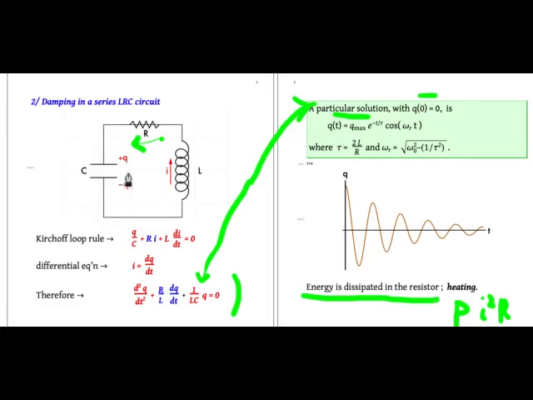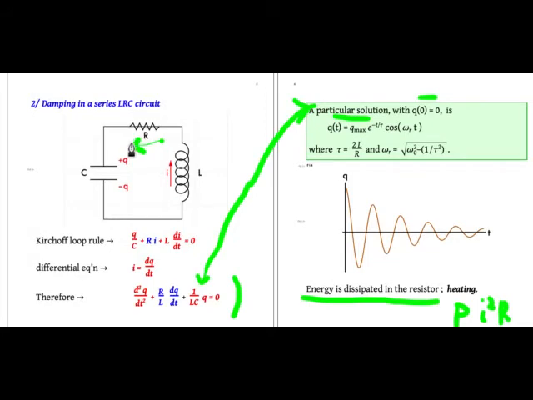So the energy of the fields is being transferred into random molecular motions within the metal. That's transfer of energy by heating. So the field energies are decreasing. The charge on the capacitor is oscillating and decreasing, and that's damping.